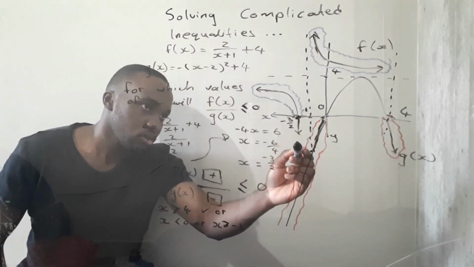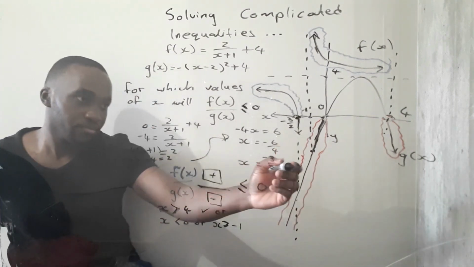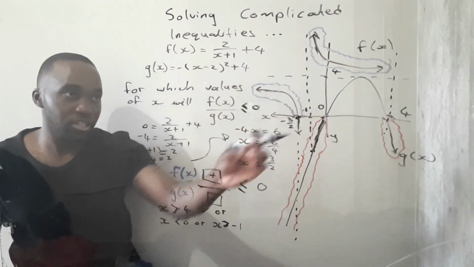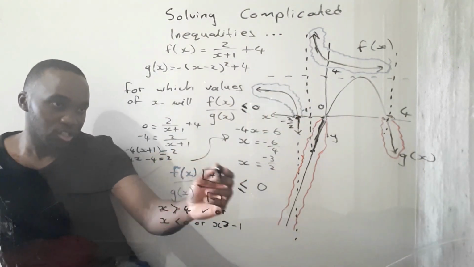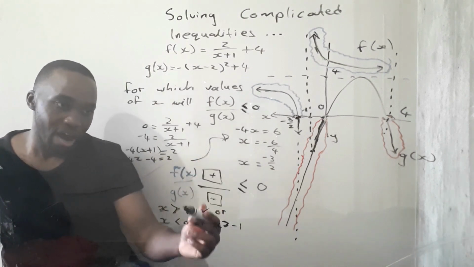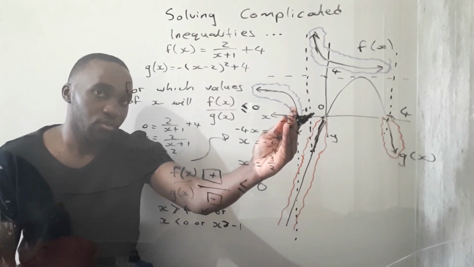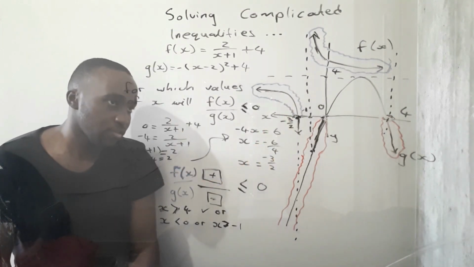That's a portion where the graph of F has positive y values while the graph of G has negative y values, from negative 3 over 2 going all the way to negative infinity.